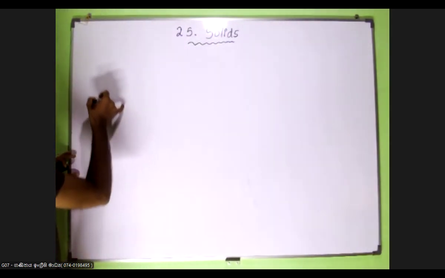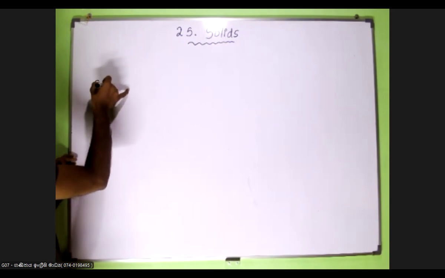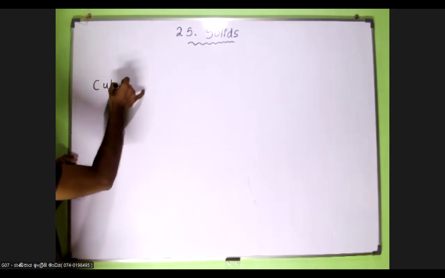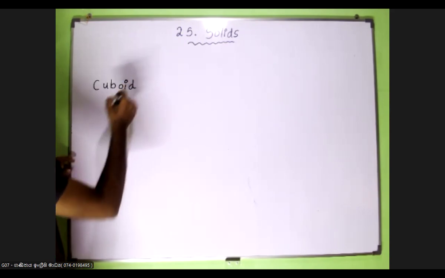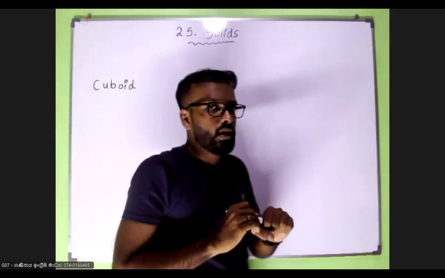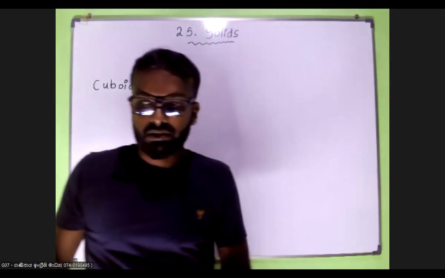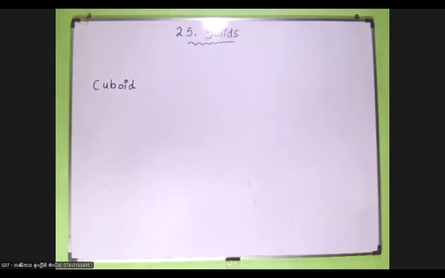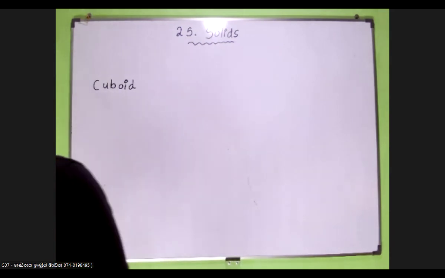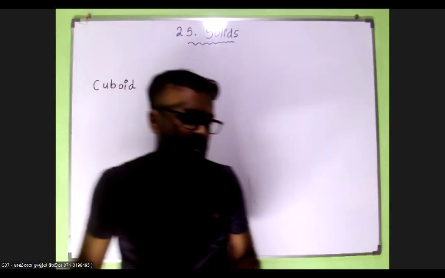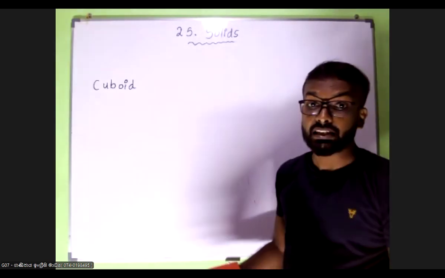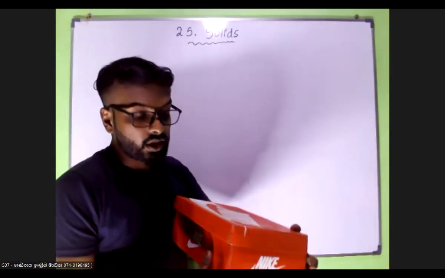Basically, when we refer to a cuboid, it is something like this. I will show you. I have a box, and in this box you can see a cuboid.